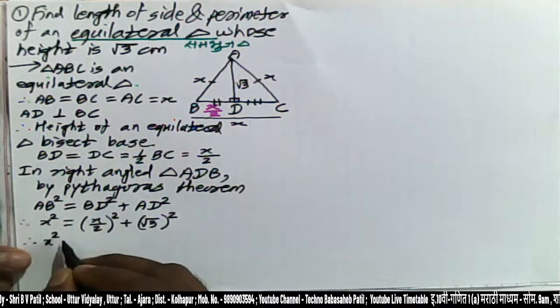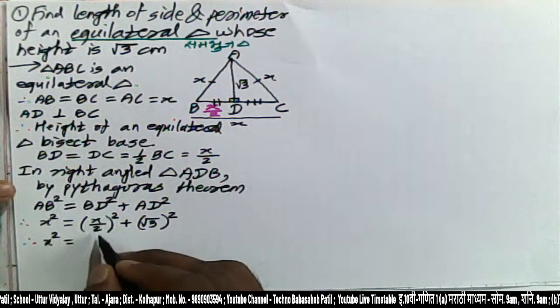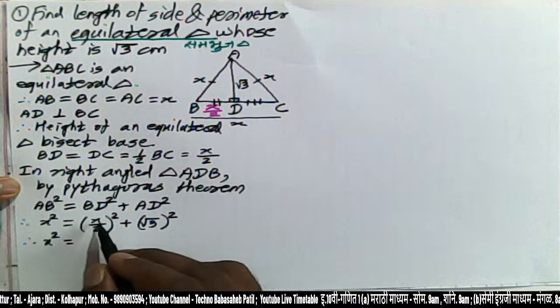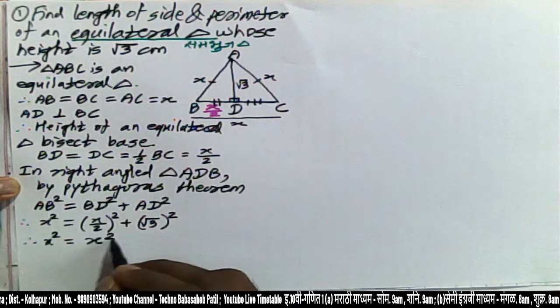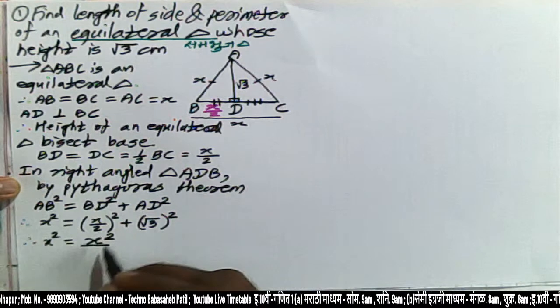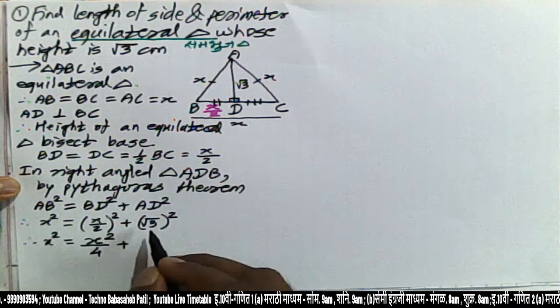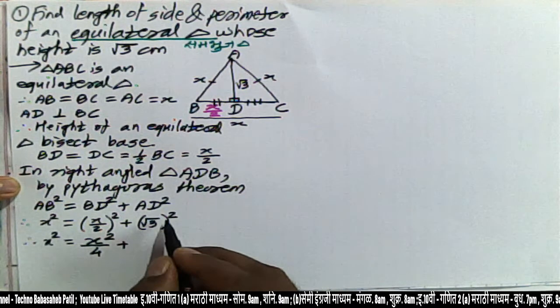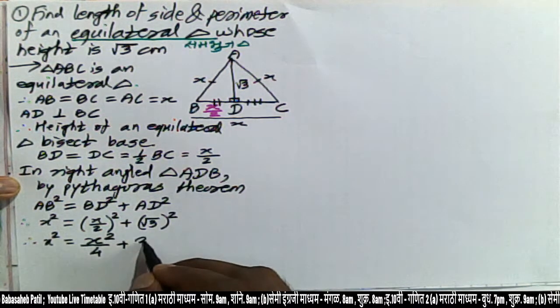Therefore, x square is equal to x square divided by 2 square is 4, plus root 3 square, squaring of root 3 is 3.